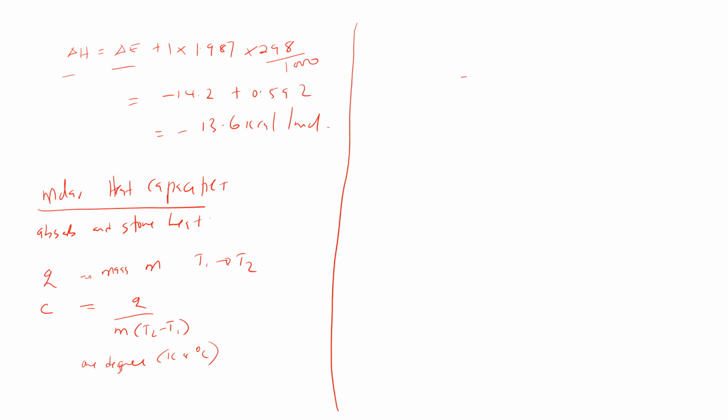So when we consider a mass of 1 mole, this expression can be written as C equal to Q divided by (T2 minus T1), which is basically Q divided by delta T. And this is capital C, which is the molar heat capacity.